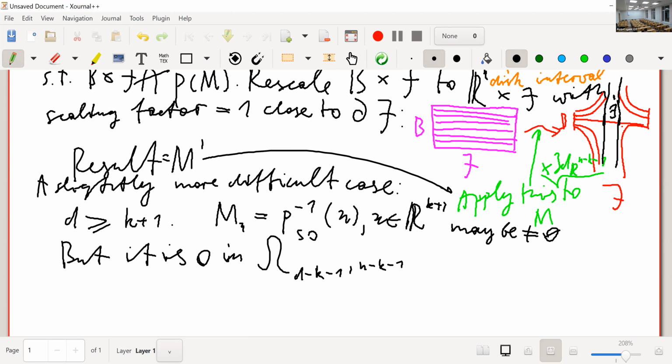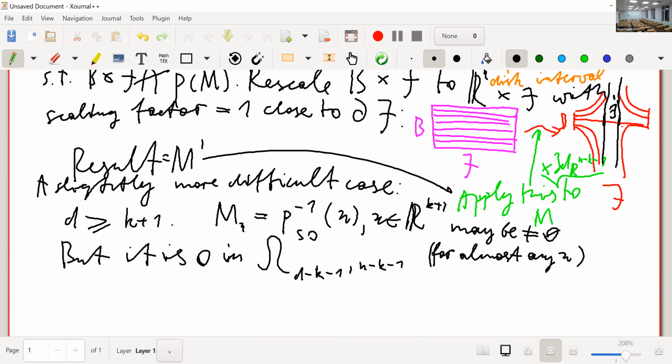Okay, so this M_x, where is it? Well, it's inside R^{n-k-1}. What's the dimension? The dimension is d minus k minus 1.